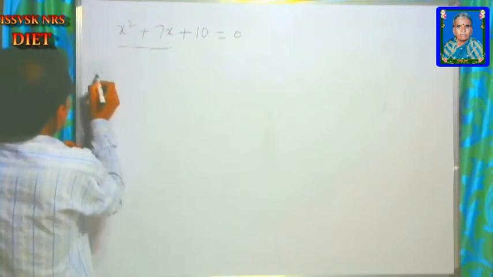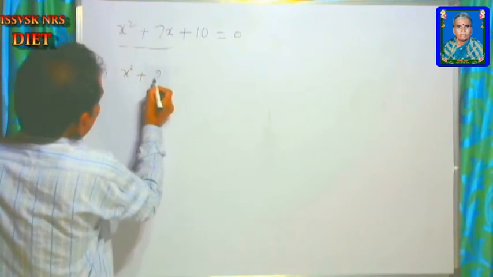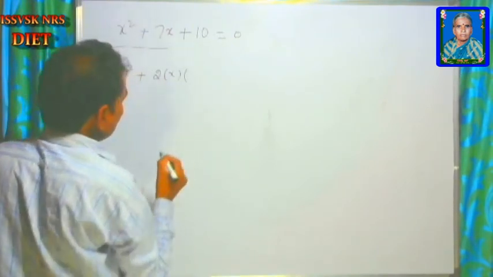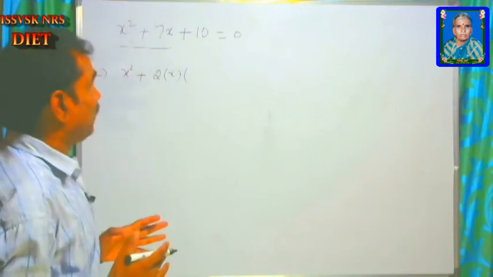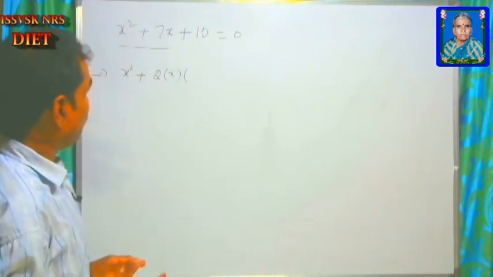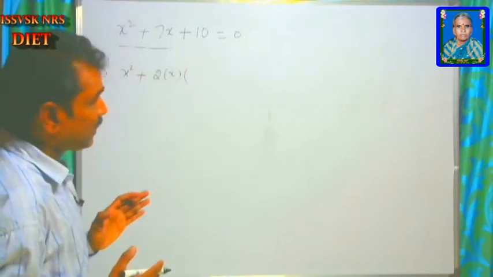Which implies x square plus 2 into x into which number should we write here? Here the product of these three should be equal to 7x.